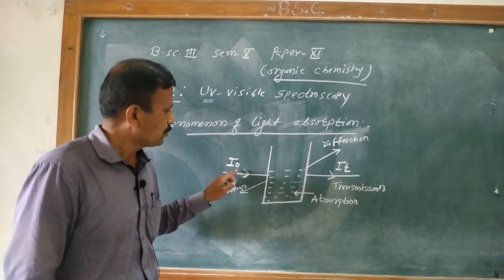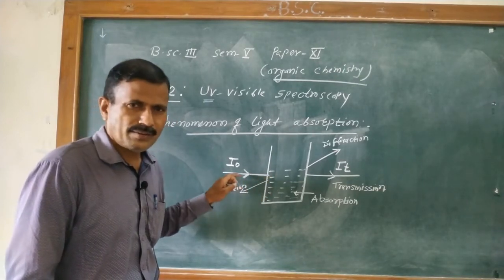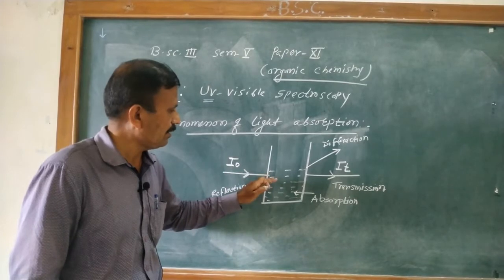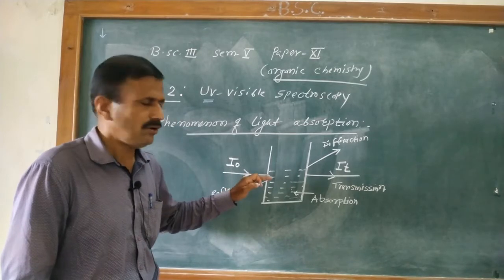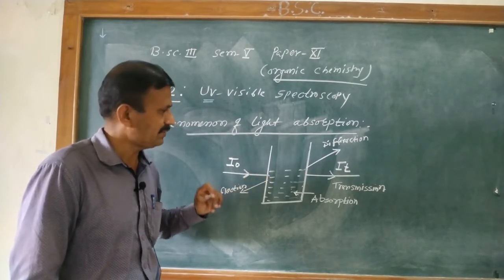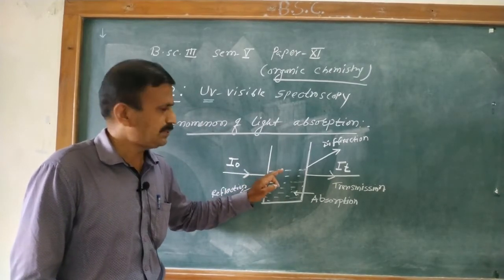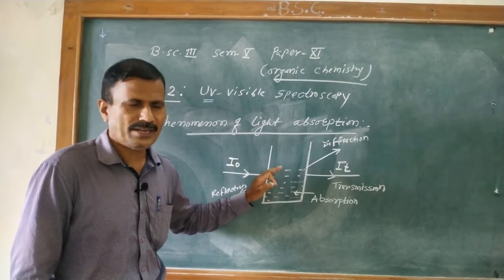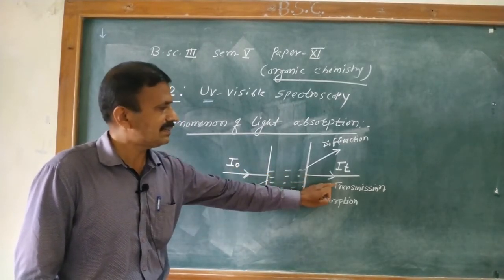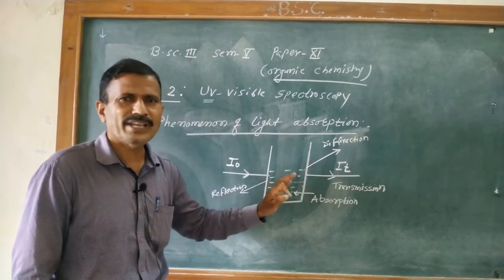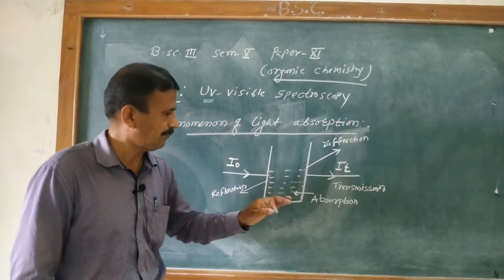When there is reflection, it means the molecule does not absorb any light and it is sent back as it is. On the other hand, when there is no absorbing species inside the analyte, the intensity of incident light is transmitted as it is. So we can say it is 100% transmission, 0% absorption.